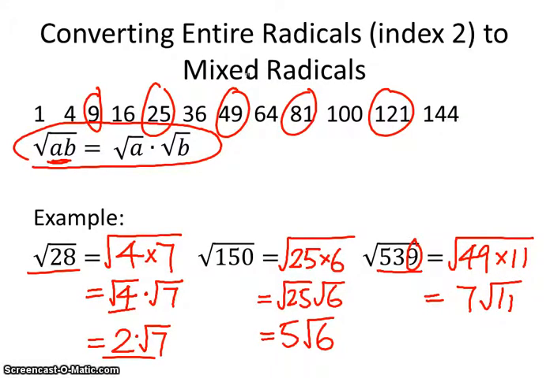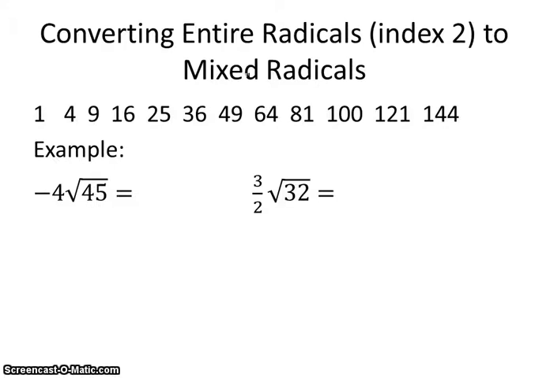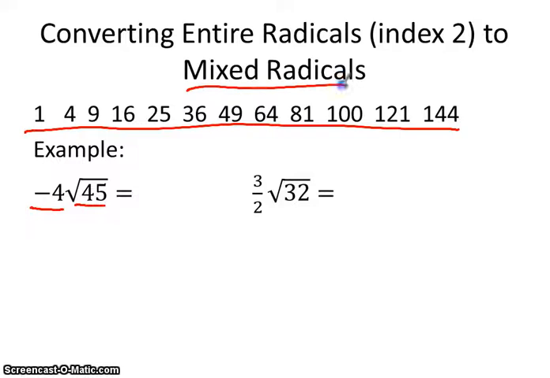Alright? Now I'll give you a more challenging example. So the next page, we have this example here. Again, I have a list of perfect squares on top, to help me know what are the candidates of numbers I'm looking for. Here, this is already a mixed radical. Well, the question says convert it to mixed radical, simplest form. So let's think about what square goes here.